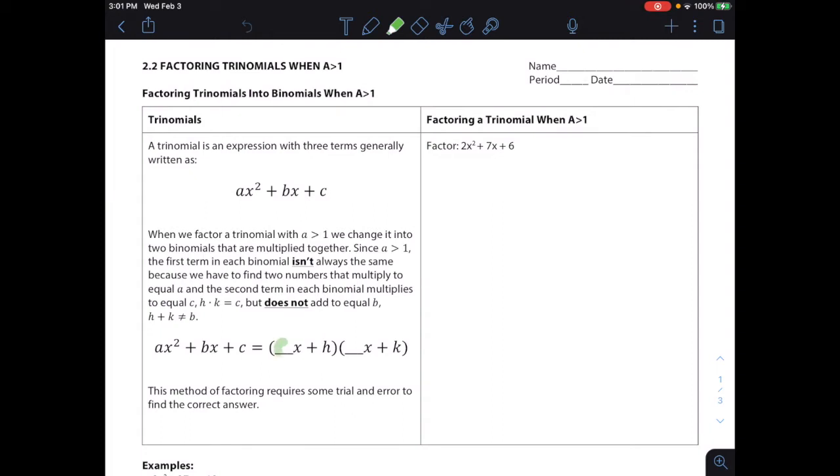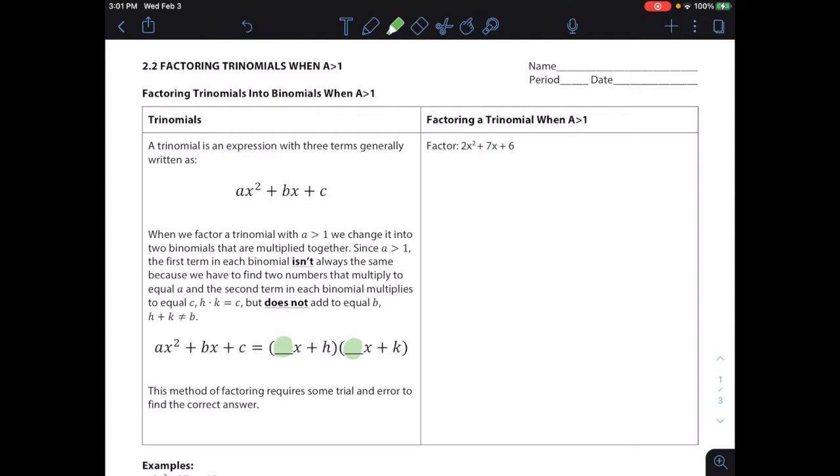So we have to find a number that's going to go in front of the x here and possibly another one that's going to go in front of the x there. And so that's going to change up the way the adding to b works, all right? And the key thing is this method requires basically trial and error to be able to find the correct answer.